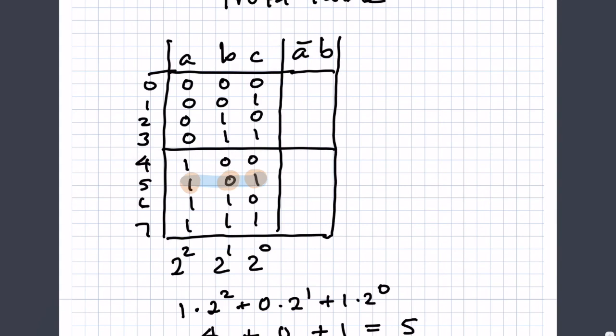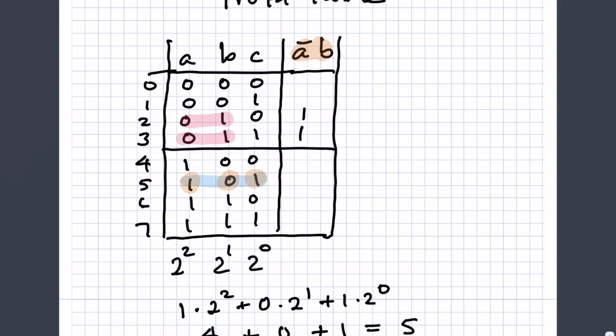All right, the only way this A bar ANDed with B is going to be a 1 is if A is 0 and B is 1. Other places it's going to be 0. So I'm looking for when A equals 0 and B equals 1. All right, so I see it here and here. I don't see it anywhere else. Only those two spots have A equals 0 and B equals 1. So that's where the 1s will be on this logic expression.